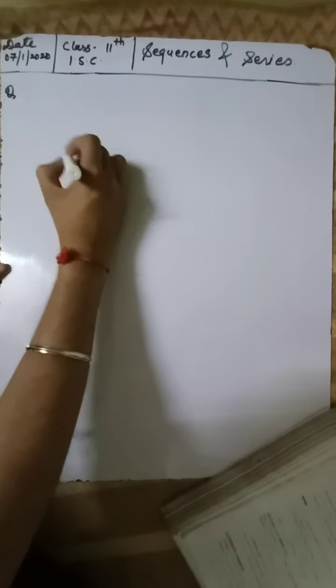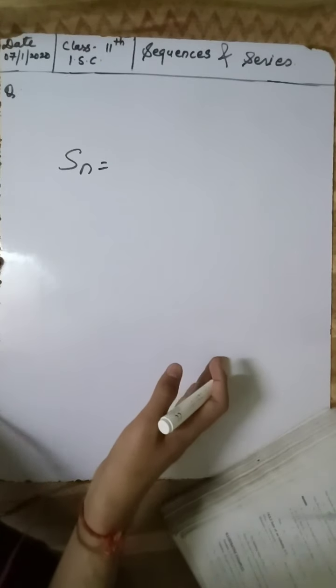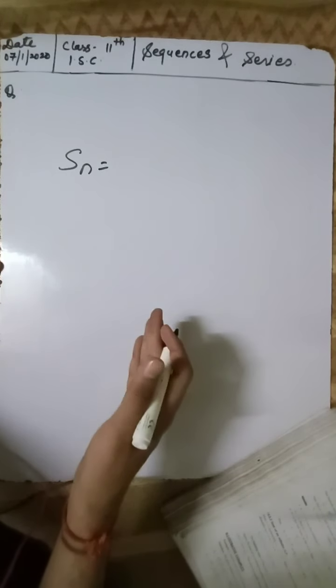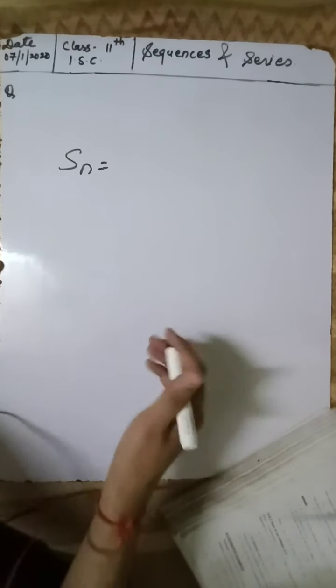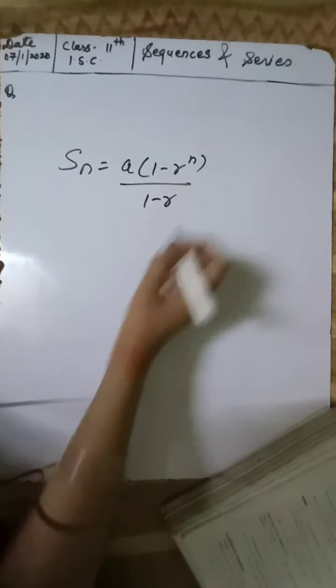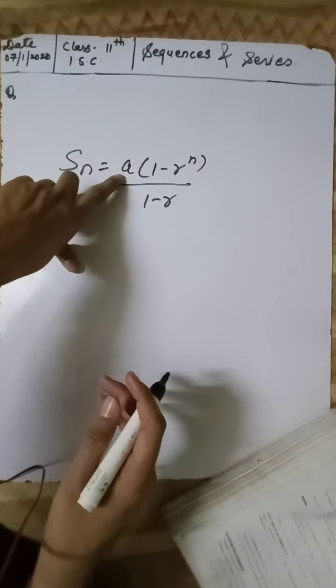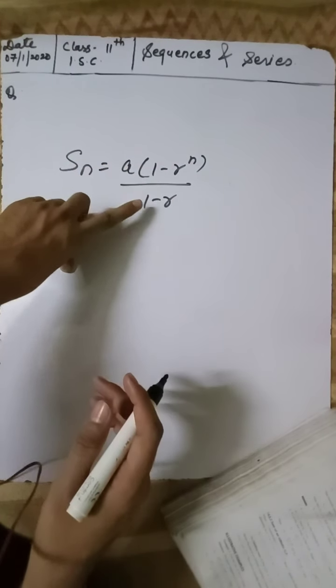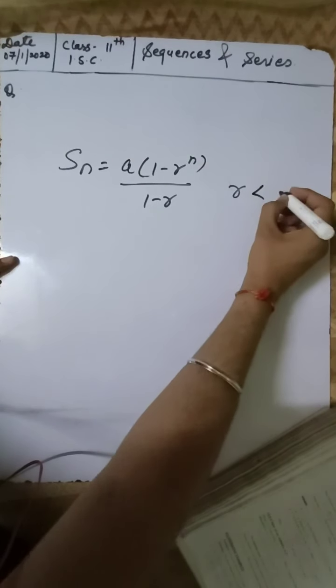In the, I guess, 10th class we have seen the sum of, as in the arithmetic progression we have sum of the series. In the geometric progression also we have sum of series like this. So Sn is equal to a into 1 minus r to the power n upon 1 minus r, provided r is less than 1.